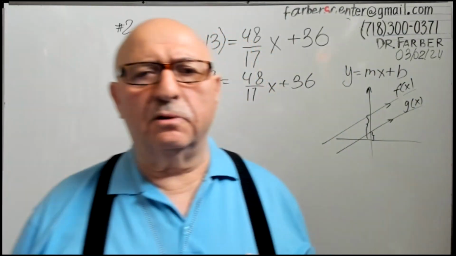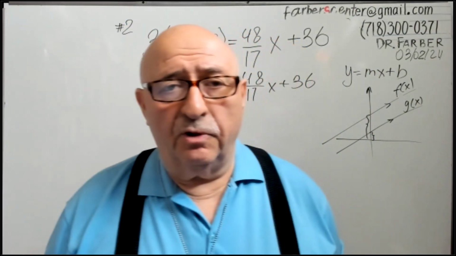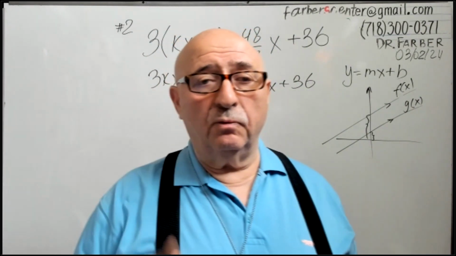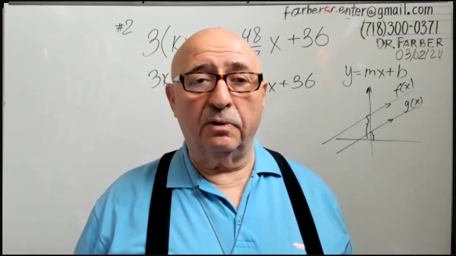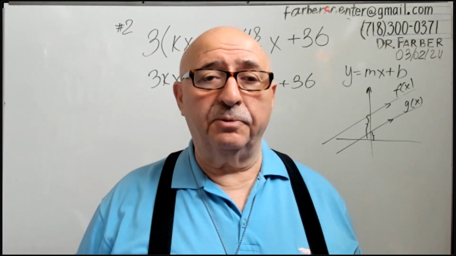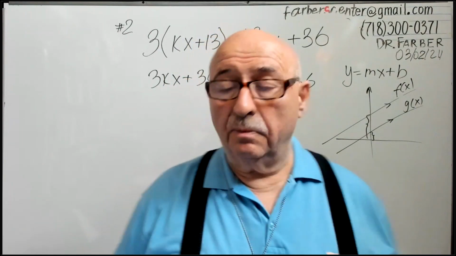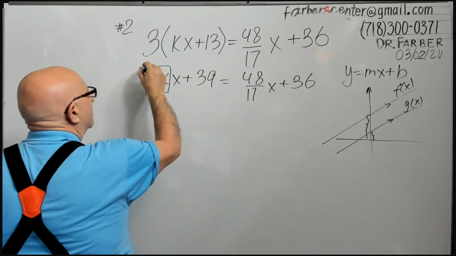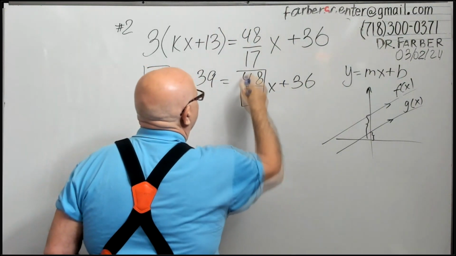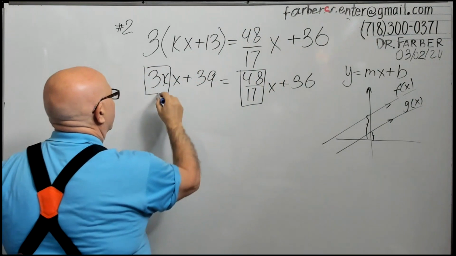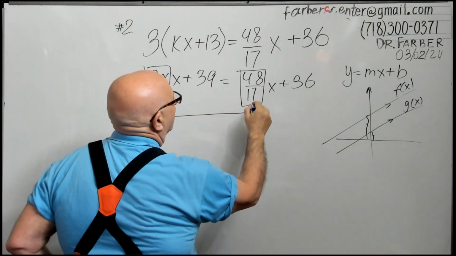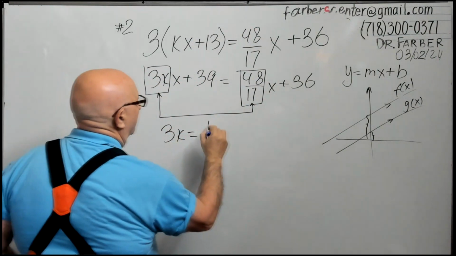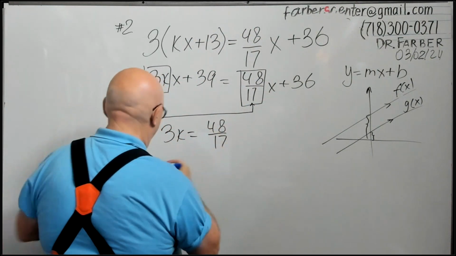Parallel lines, by the Euclidean postulate, never intersect, so no solutions. When they have no solutions, they are parallel. When they are parallel, their slopes are the same, right? So their slopes are the same: 3k equals 48 over 17.